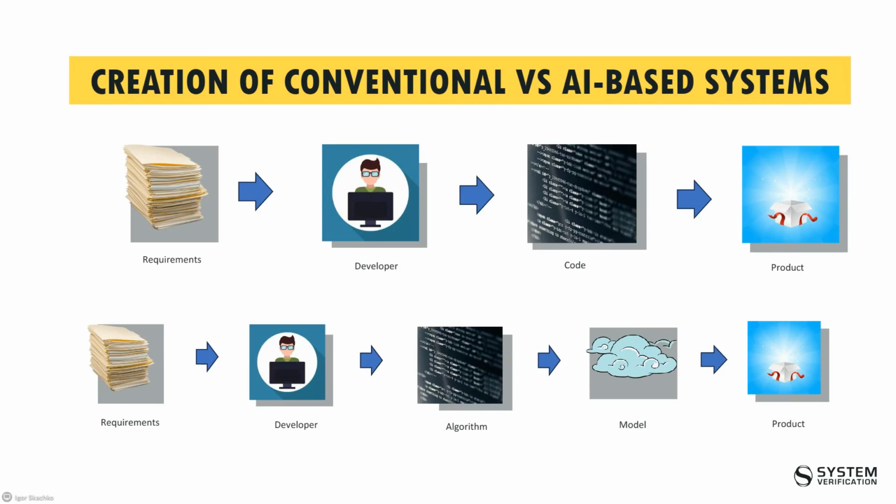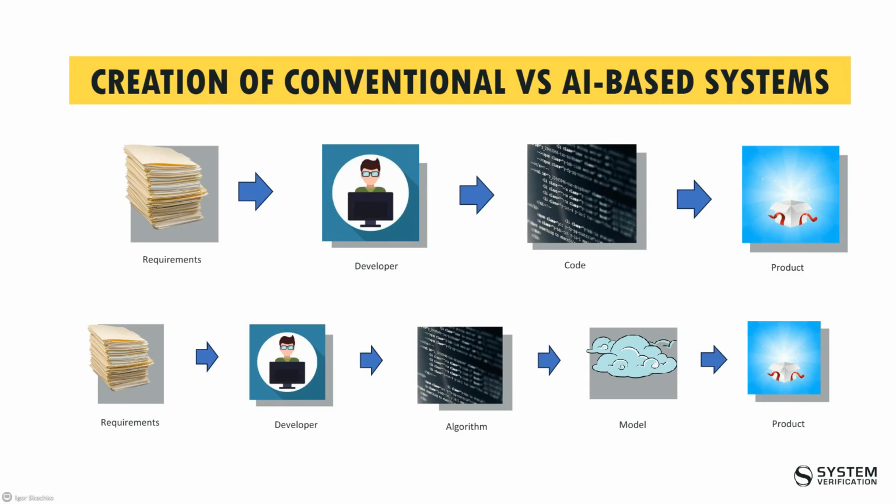Now, in terms of AI-based systems, the requirements and developers do something somewhat similar. The result of their work is an algorithm. Now, an algorithm is in no way an end product. An algorithm is just a way to analyze data and to give birth to this thing called a model. Now, the model is much closer to the product itself.